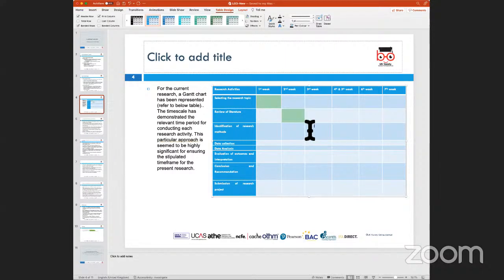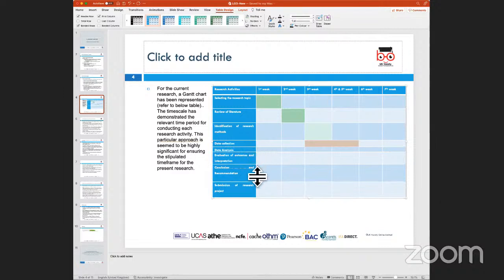And then once you have done the literature review, you go to the next activity, which is the identification of your research methods, basically your research methodology. You'll spend 2 to 3 weeks collecting data, because sometimes you have to give participants time to respond to your questionnaire and data requests.